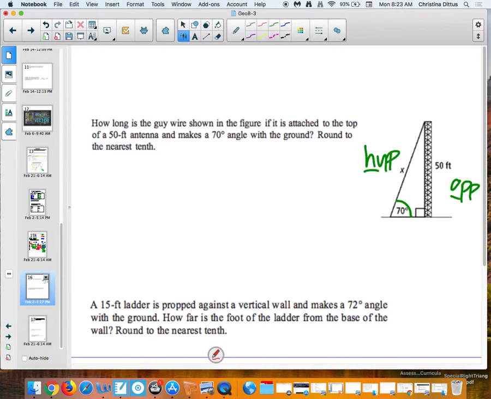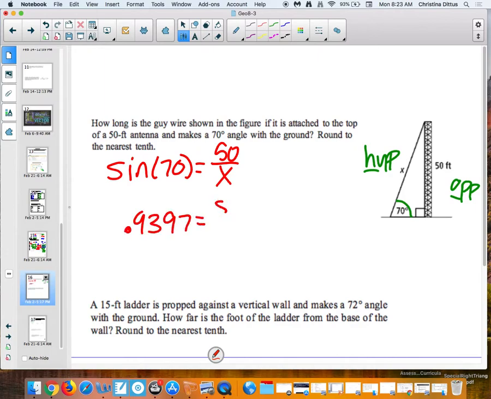What are we looking at? Sine. So I take sine of 70 equals 50 over x. Good. Okay, what is the sine of 70? 0.9397.